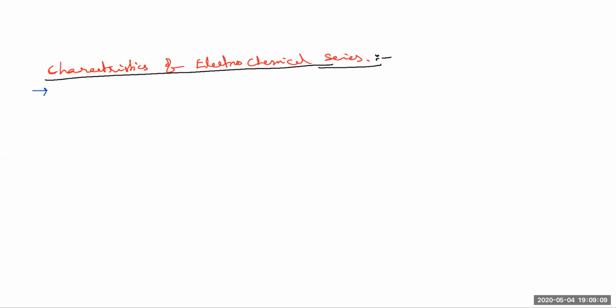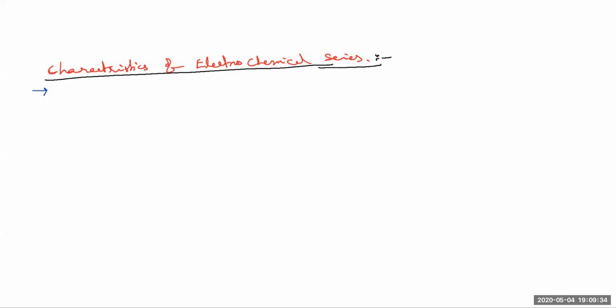Below hydrogen, all are positive E naught values. Positive E naught electrodes act as strong oxidizing agents; themselves they are easily reduced.